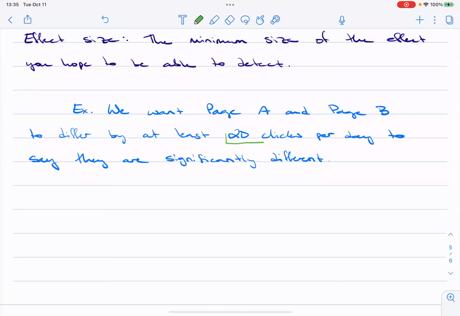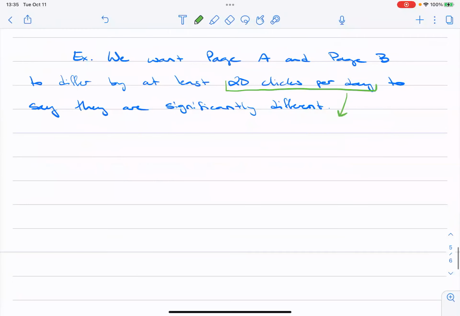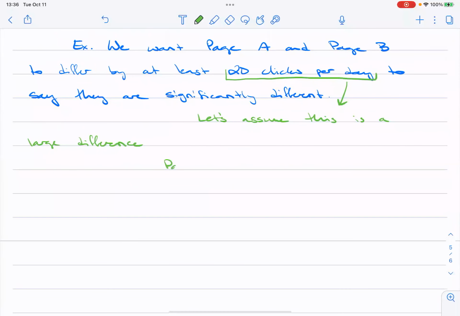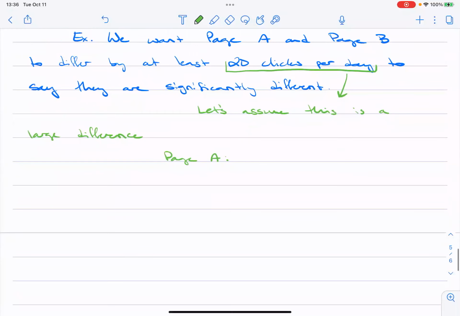So here, this 20 clicks per day, let's assume that this is a large difference. For example, page A has 60 clicks and page B has 80 clicks.